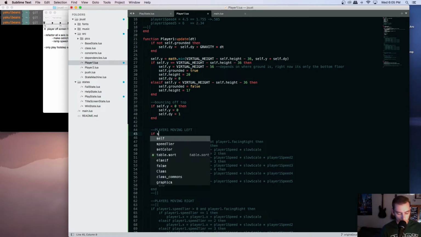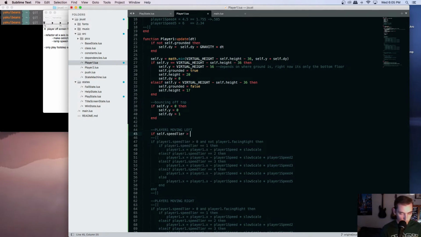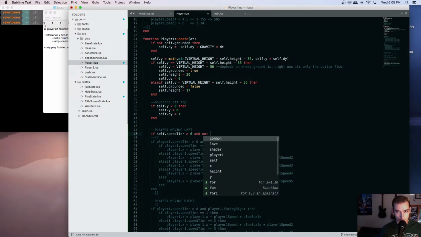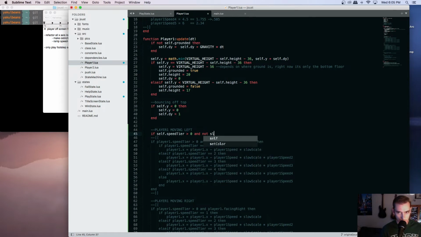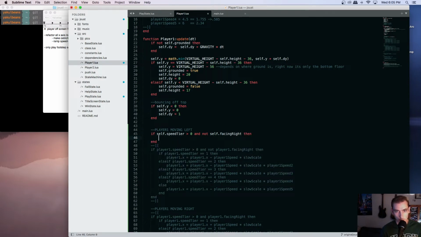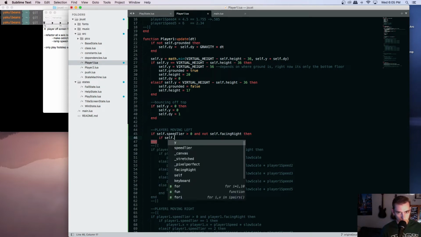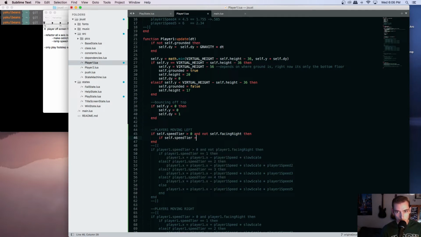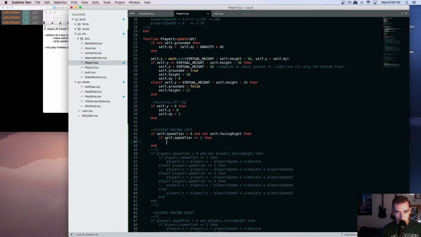So if self.speedTier is greater than 0, and not self.facing right, then if self.speedTier is equal to 1, then do something.